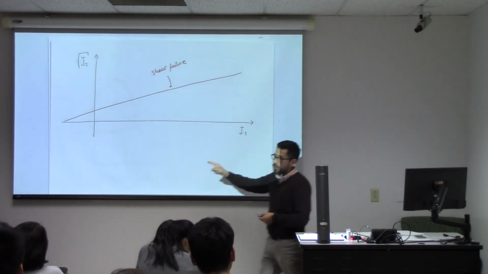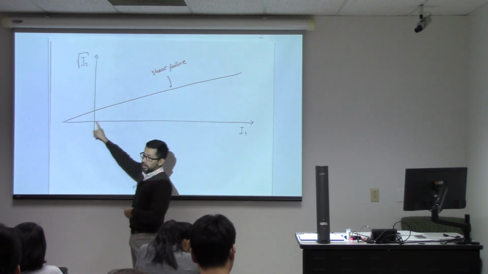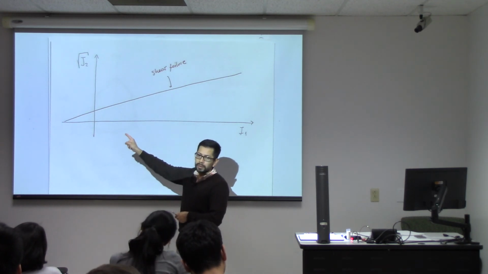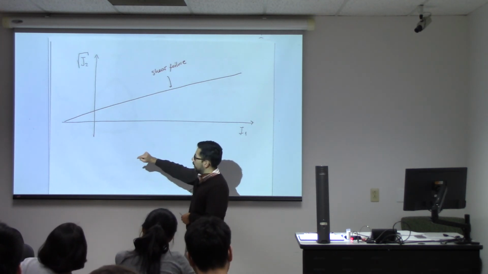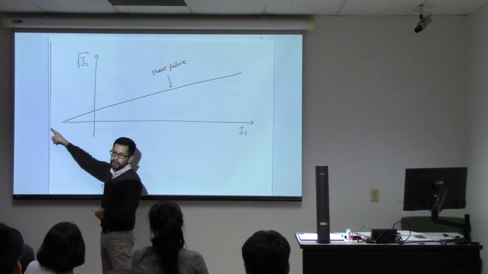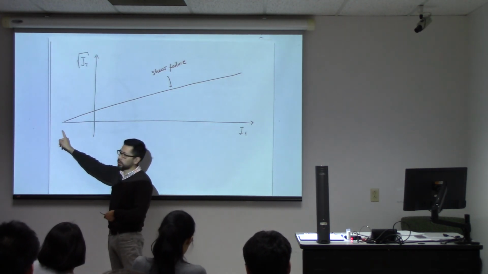So it doesn't go to 0. I'm assuming this is a cemented material. But there is a problem with this line and with these linear failure lines for shear. They go too much into the tension. And actually, this is not real.